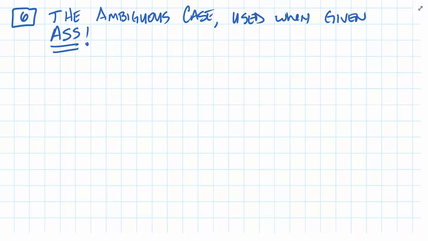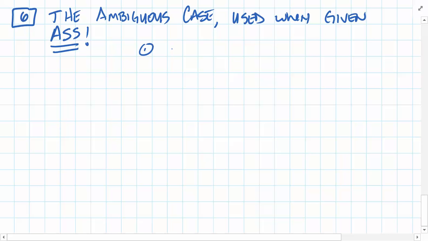All right, the rest of our day is going to be devoted to this idea of the ambiguous case. And you have to consider the ambiguous case whenever you've been given two sides and an opposite angle, or angle, side, side or side, side, angle. And this is that one case where in geometry you were not allowed to show that two triangles were congruent because of that, and we're going to show you why. I said earlier there's three possible situations here, right?